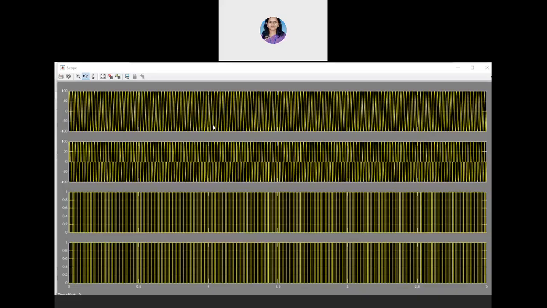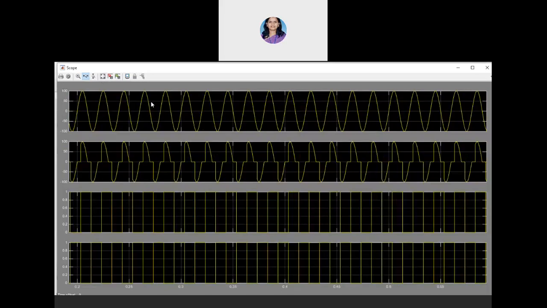You can see the output from the oscilloscope. Now I will just extend this output. Okay, now you can see on your screen the output is very clear.